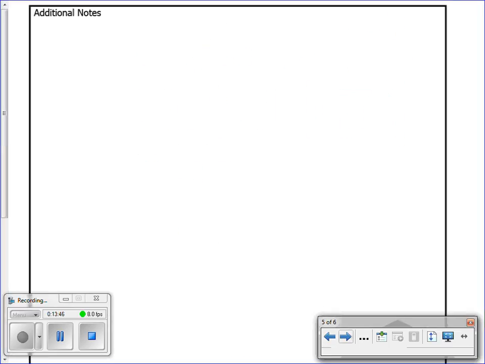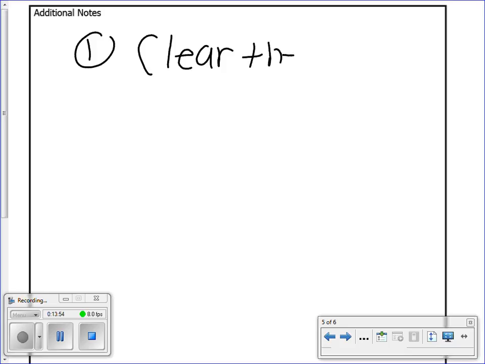So to recap for additional notes, your steps to solve an equation. This is the steps you can follow for any type of equation.